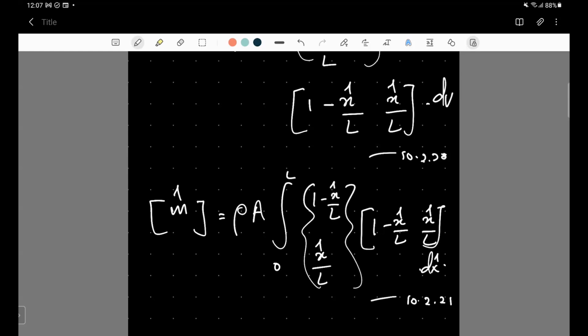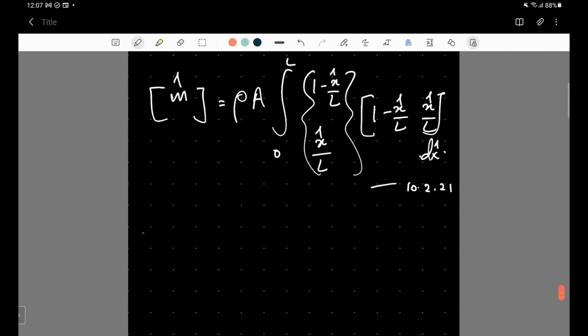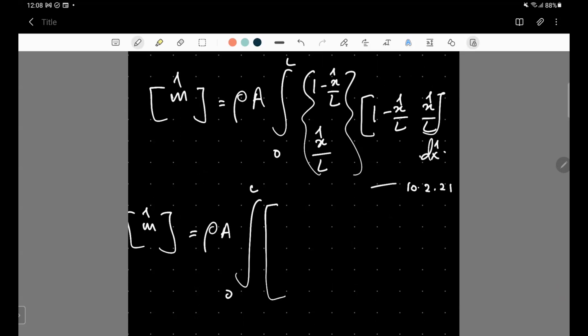In the next step we can do the multiplication for obtaining a solution for this matrix. Rho A integral from 0 to L. When we do the multiplication, we have a 2 by 2 matrix. The first element is 1 minus x hat divided by L, squared.